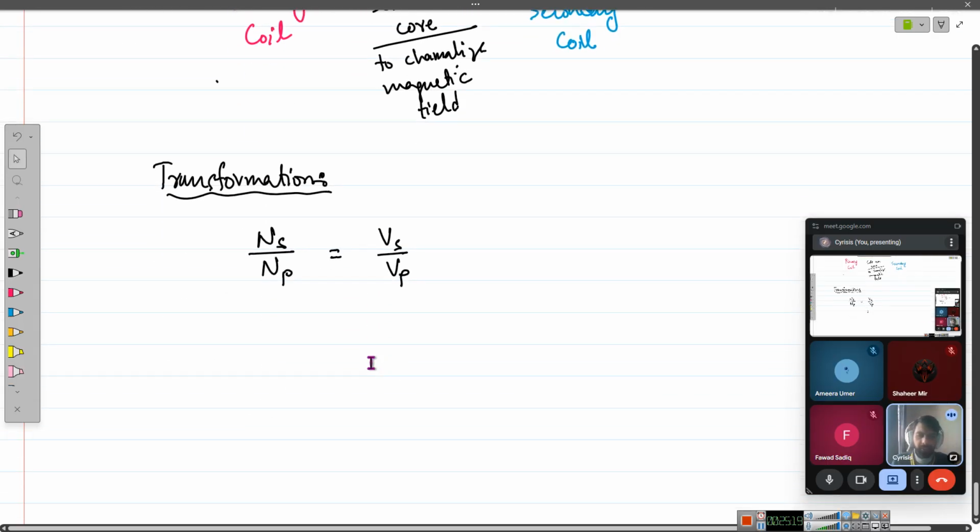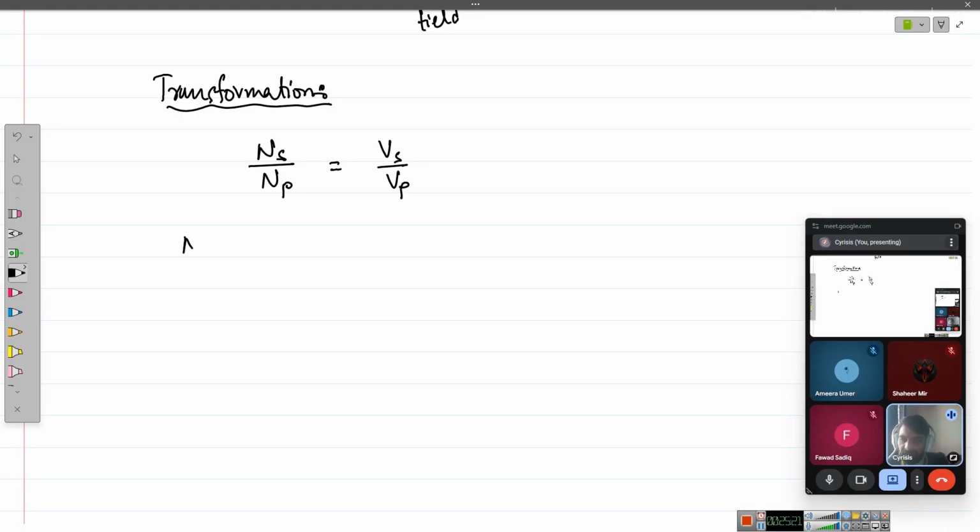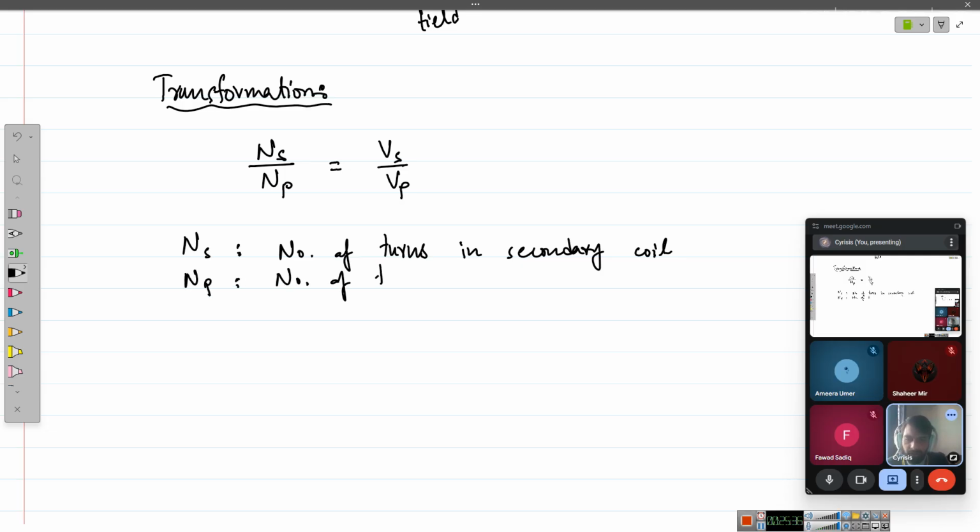Now what are these terms? I'll explain. Ns is the number of turns in the secondary coil. And what is Np? The number of turns in the primary coil.